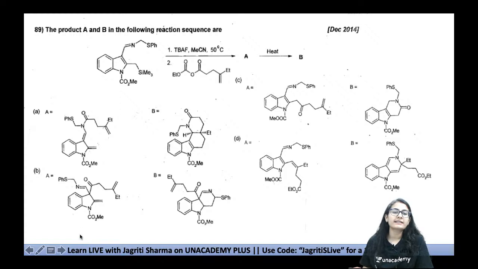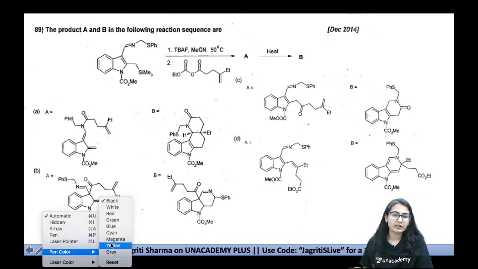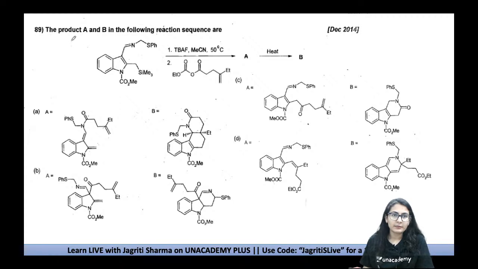And we see, guys, a very important reaction. The product A and the product B in the following reaction sequence are, this is a December 2014 question.